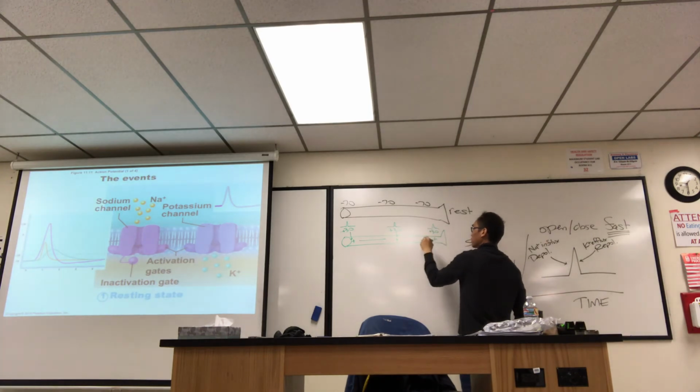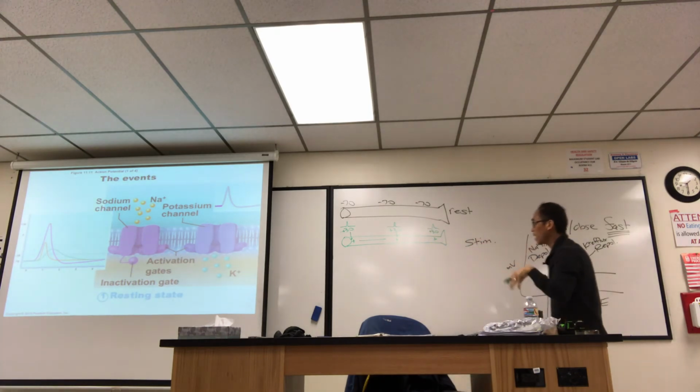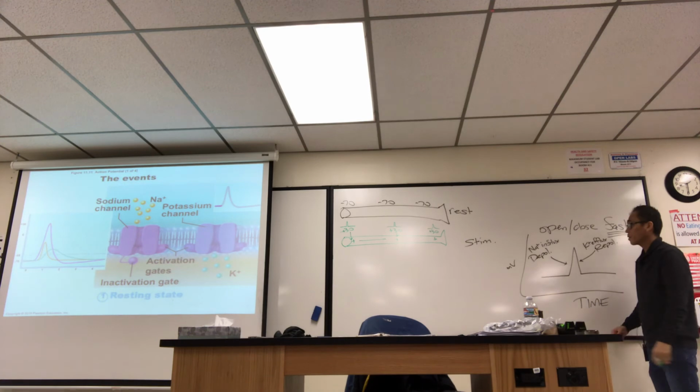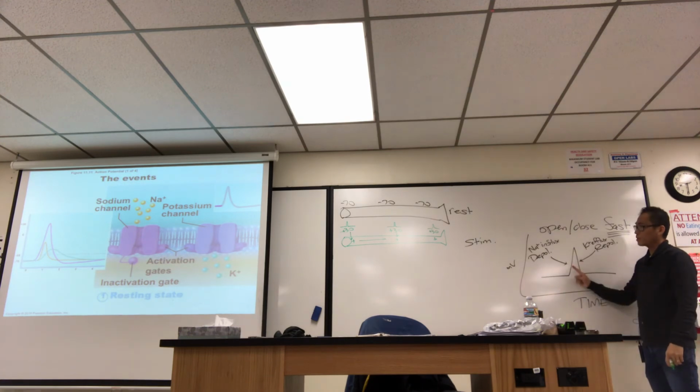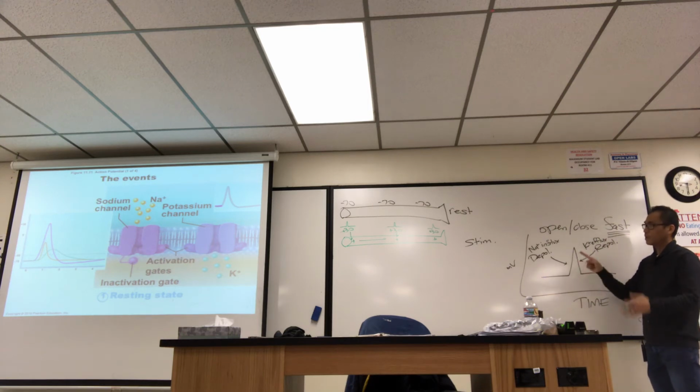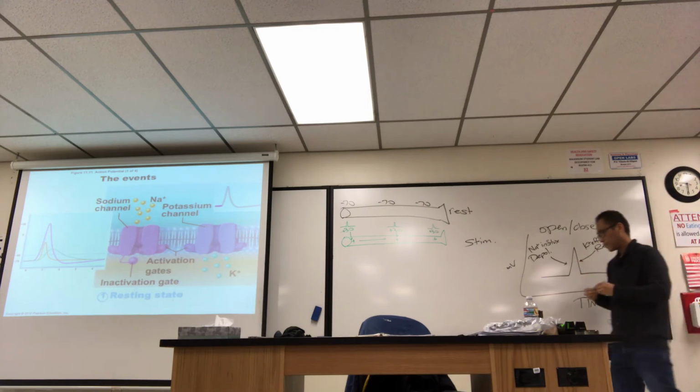Okay, what I'm trying to say is that during the time that you're letting sodium in, when you're stimulated, the permeability of the cell to sodium is much greater than potassium.